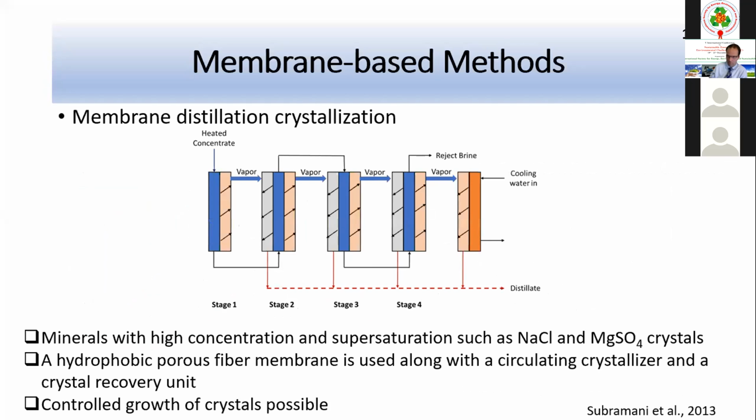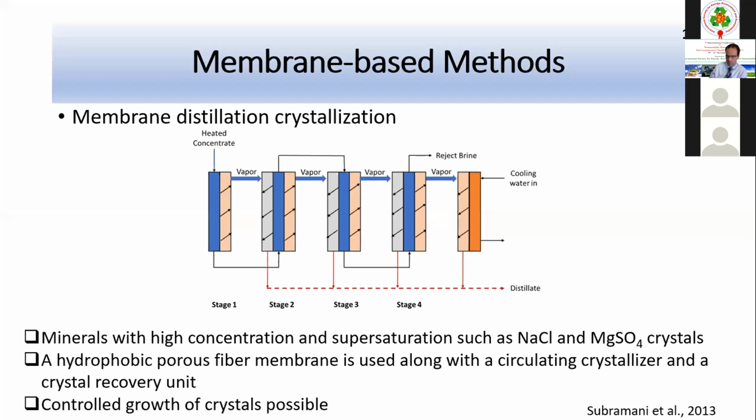Another membrane-based method is membrane distillation crystallization. It can be useful for minerals with high concentration and high supersaturation, such as sodium chloride and magnesium sulfate. Here we have a hydrophobic porous fiber membrane, which gives a large surface area and reduces the temperature of evaporation.